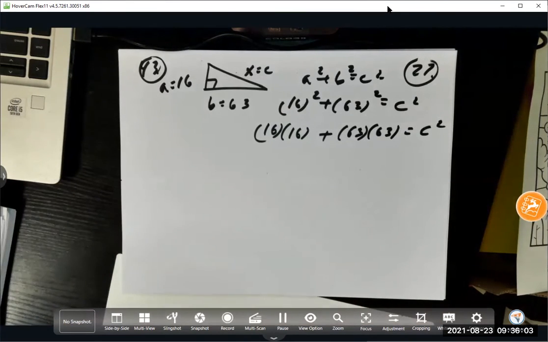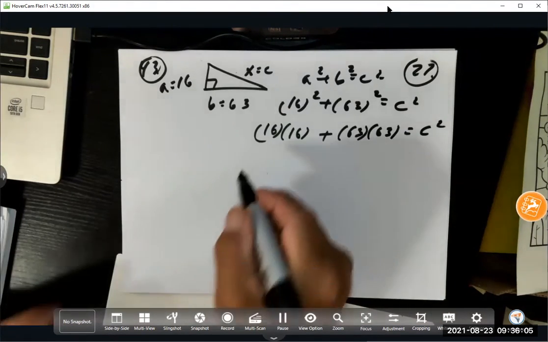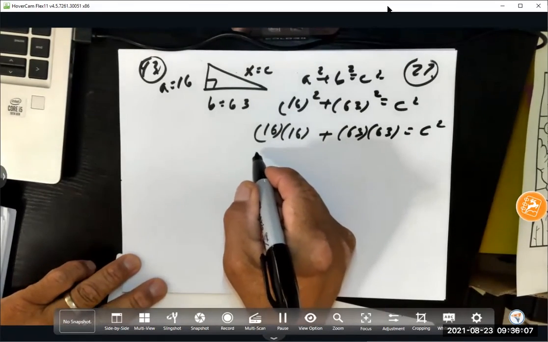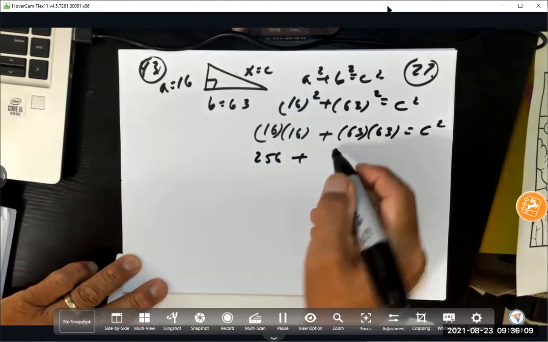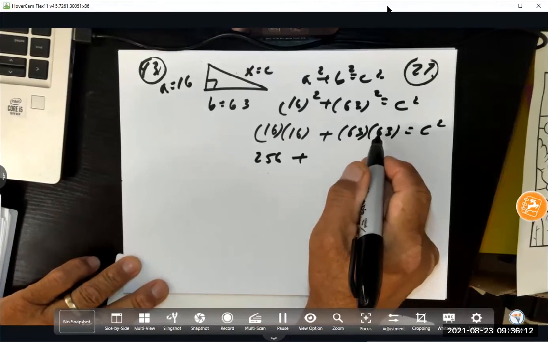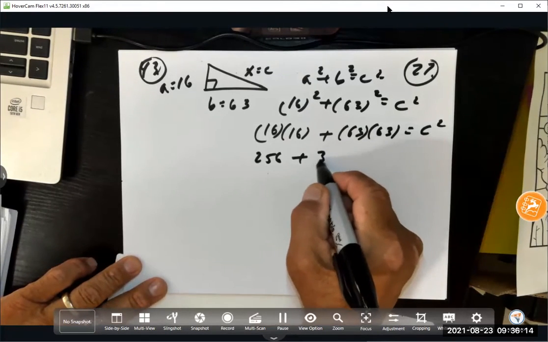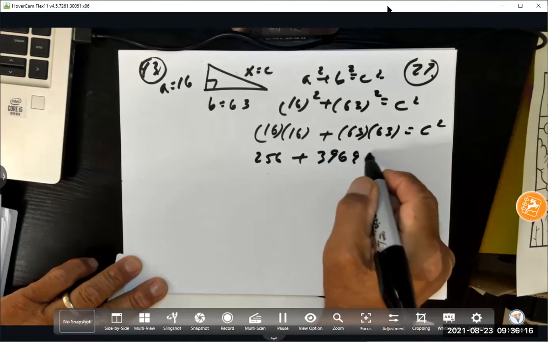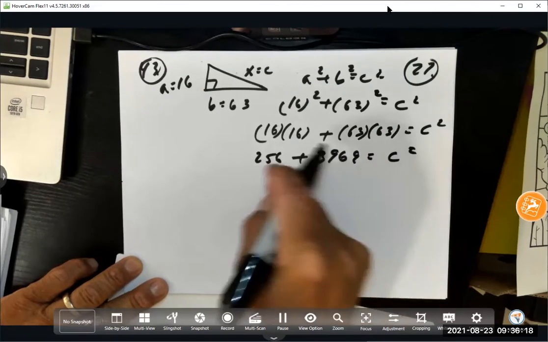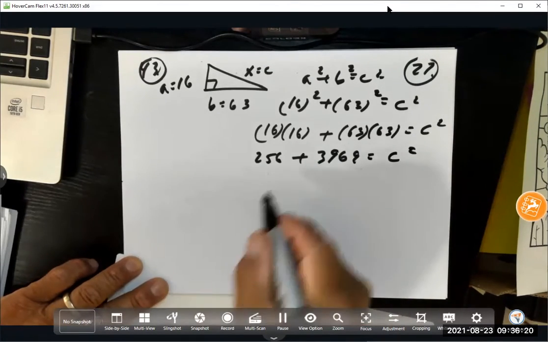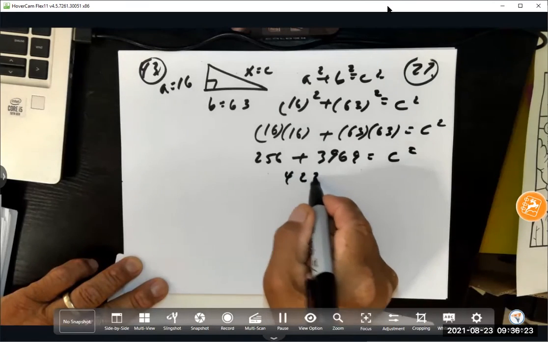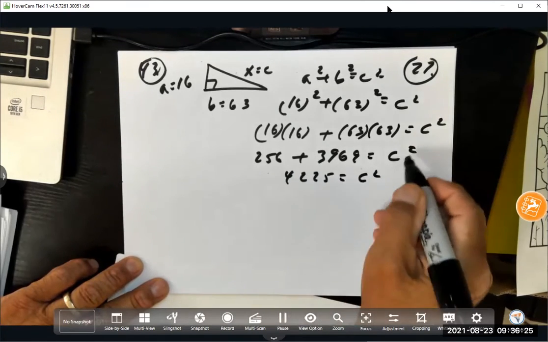And 16 times 16, I'll just tell you the answer: 256. And 63 times 63 is 3969. If I add those two numbers together, I'll just tell you the answer: 4225.